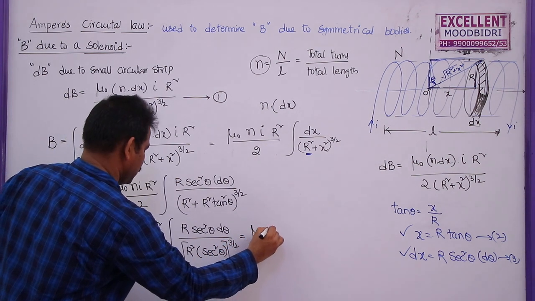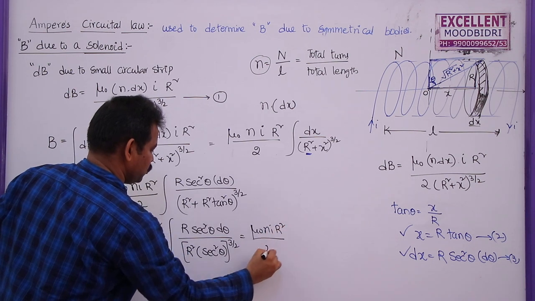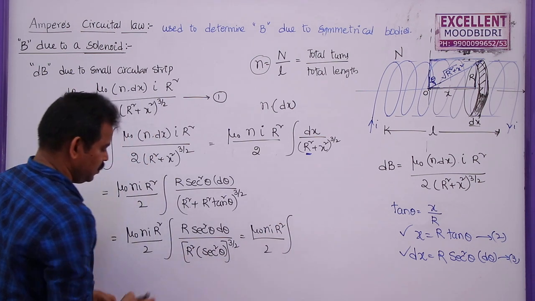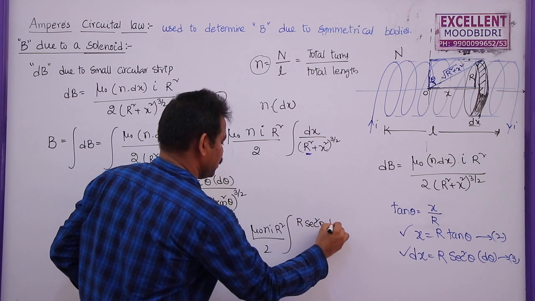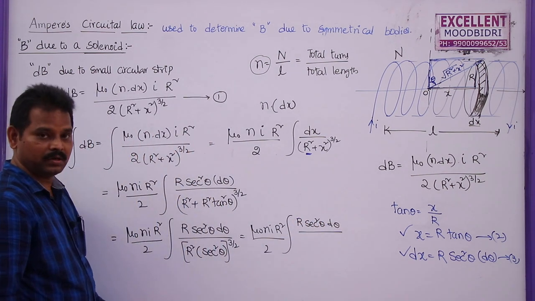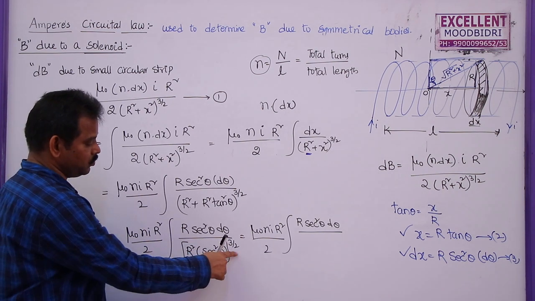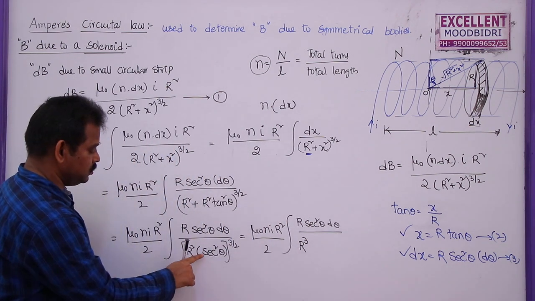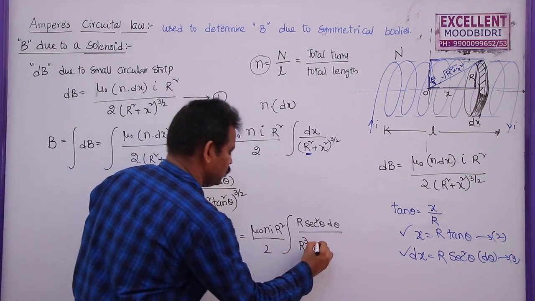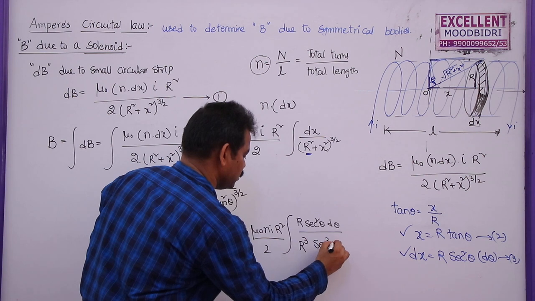So this is mu naught n I r square by 2 integral of, this numerator is r secant square theta d theta by, in the denominator this is r square whole power 3 by 2 will become r cube, secant square theta whole power 3 by 2, secant cube theta.